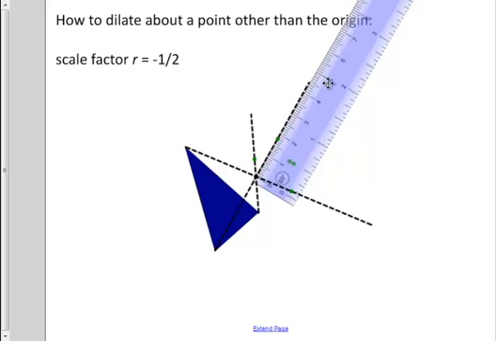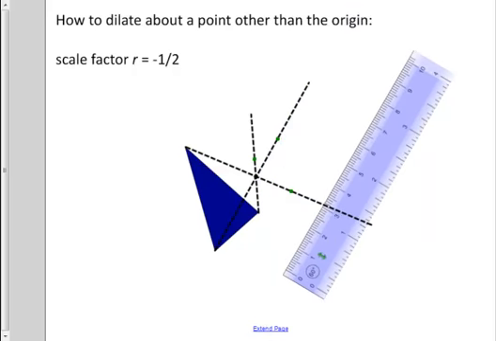And then I'm going to connect my dots. I do not recommend using thick blue lines to connect your dots with ugly squares on the end, but that's what I had available. Okay, and again, just as with the previous one, we end up on the opposite side of the center of dilation. And just like the one with the scale factor of 1/2, it's half the size.